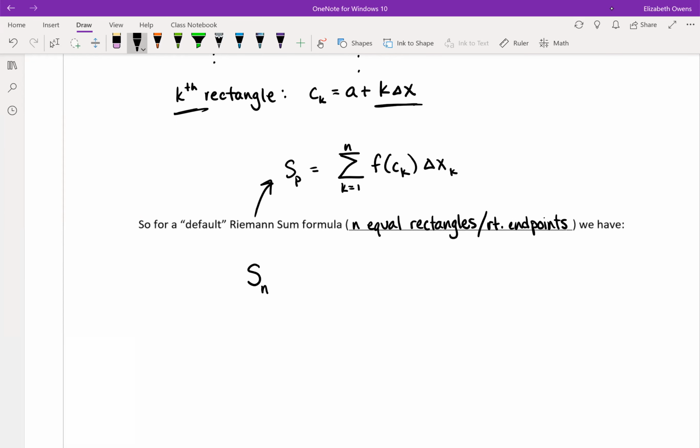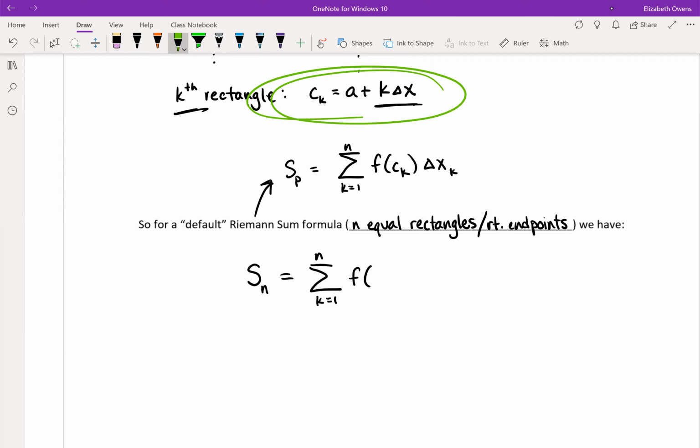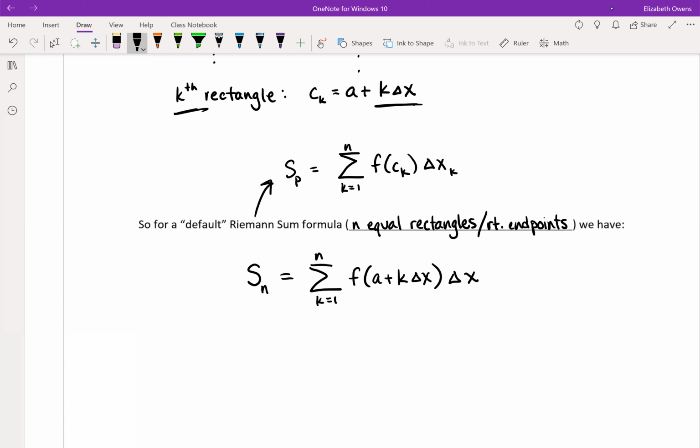The Riemann sum for these n equal rectangles is going to be the summation from k equals 1 to n, f of ck, but we have a formula for that now, so we're going to put that in. So f of a plus k delta x, and then times delta x, because we've eliminated that little delta x sub k since they're all the same size.